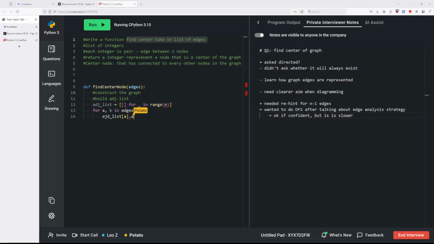That will be a append b, and then b append a. And then we would have a visit set to keep track of the nodes that we already visited.